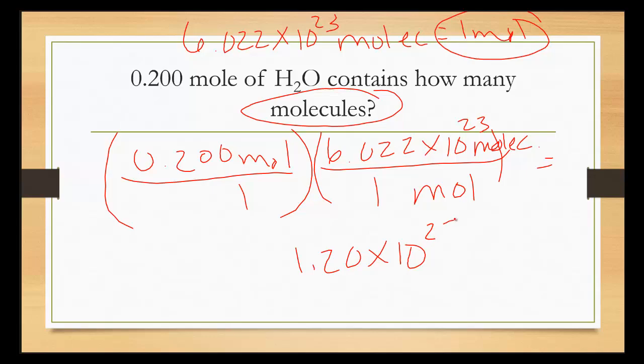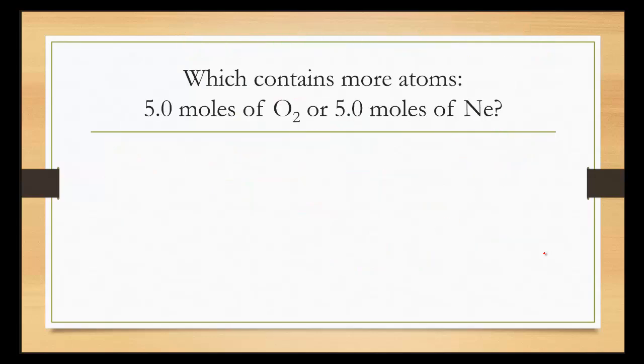Okay, this next one's going to be a little bit harder. Which contains more atoms? 5 moles of oxygen gas or 5 moles of neon? We're going to do the neon first. It's a little bit easier and you'll see why. So we're looking for atoms. Look at neon. Neon is a single element, so therefore it is already in atoms.